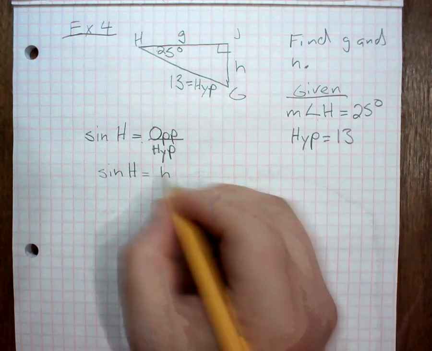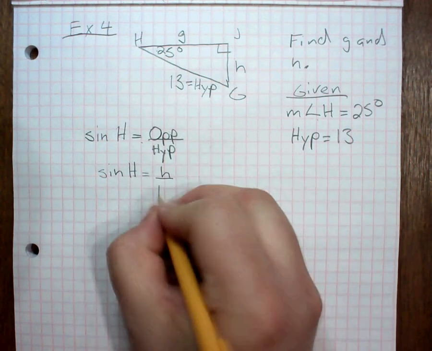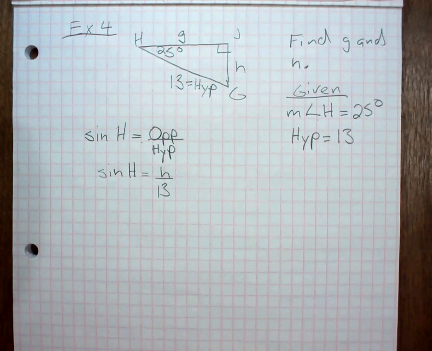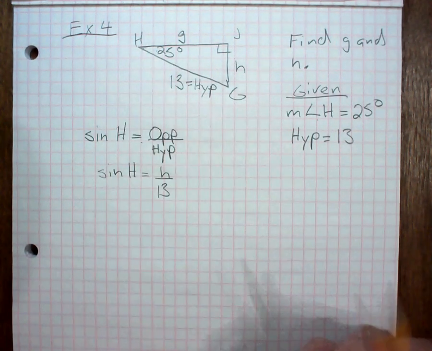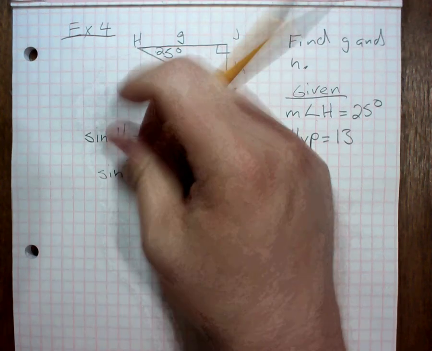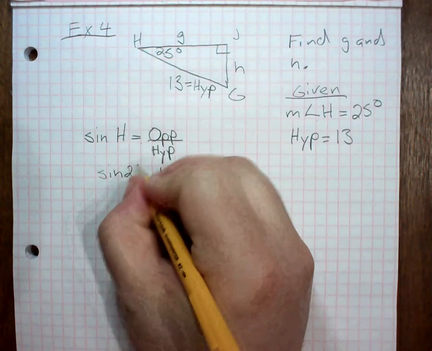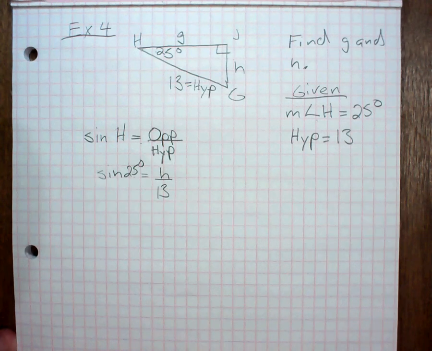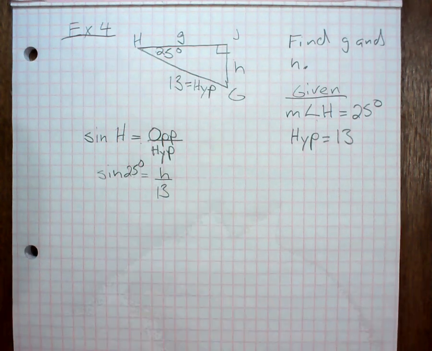Lowercase h over the hypotenuse, which is 13. But we know the value of angle H, so I should say sine of 25 degrees is equal to h over 13.